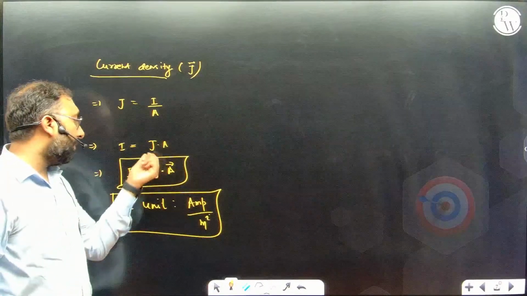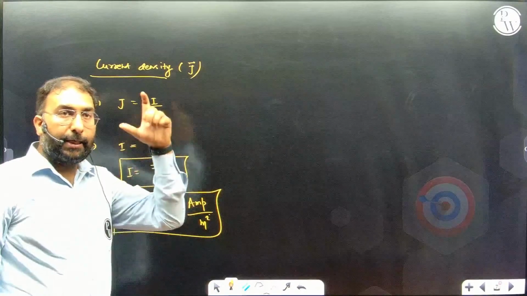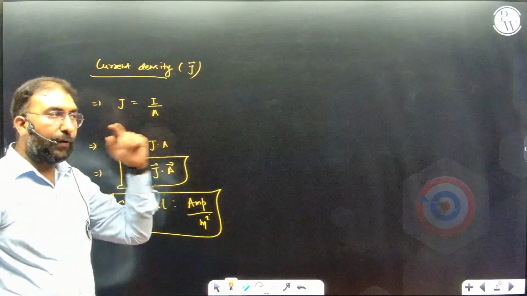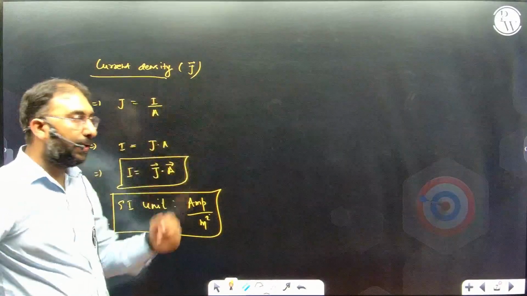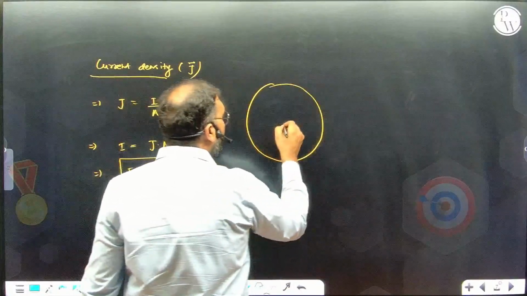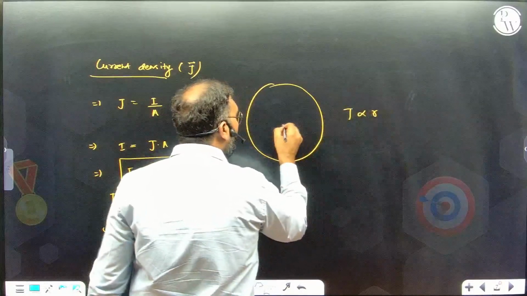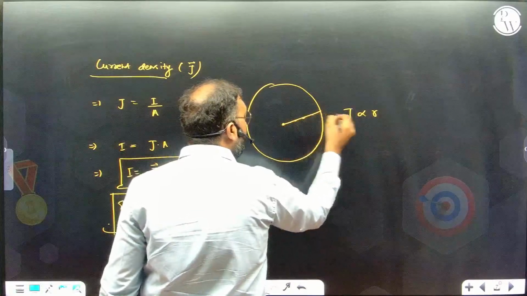Sometimes J is not constant. Let's say the J value depends on the radius of the conductor, so that for small r the value of current density is different, and for another radius it is different. Let's say this is the cross section of the conductor and it's given that J is a function of r. As you take the distance from here, for different distances the value of J is different.